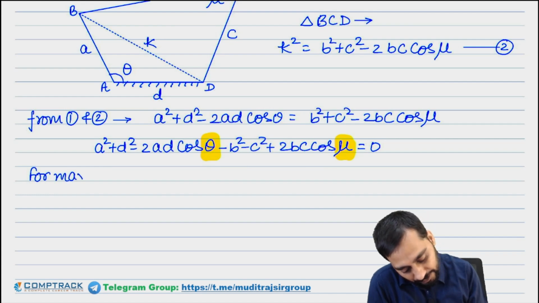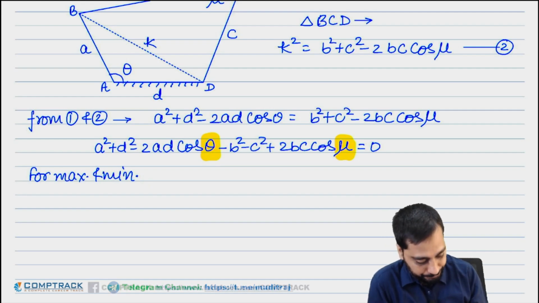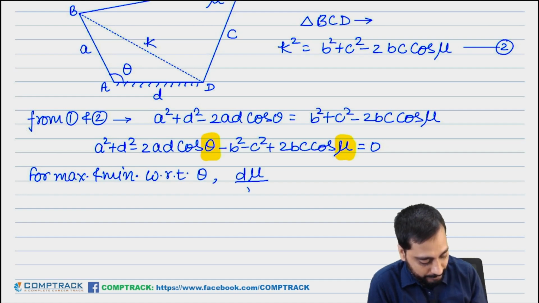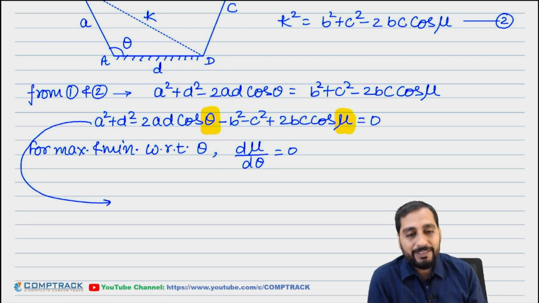For the maximum and minimum value of the transmission angle, we will put d mu by d theta equal to 0. Write it like this: with respect to theta, d mu by d theta we have to put 0. Now how to get this? You will differentiate this equation with respect to theta.